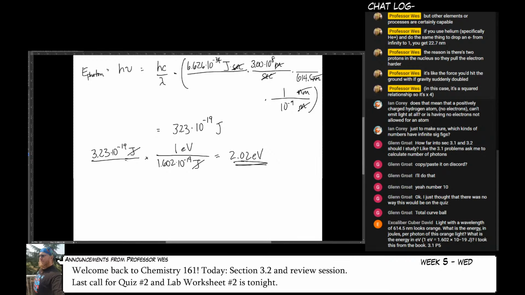But it's just another unit that exists, I guess. Although looking at electron volt and then thinking about the units, it makes sense now.